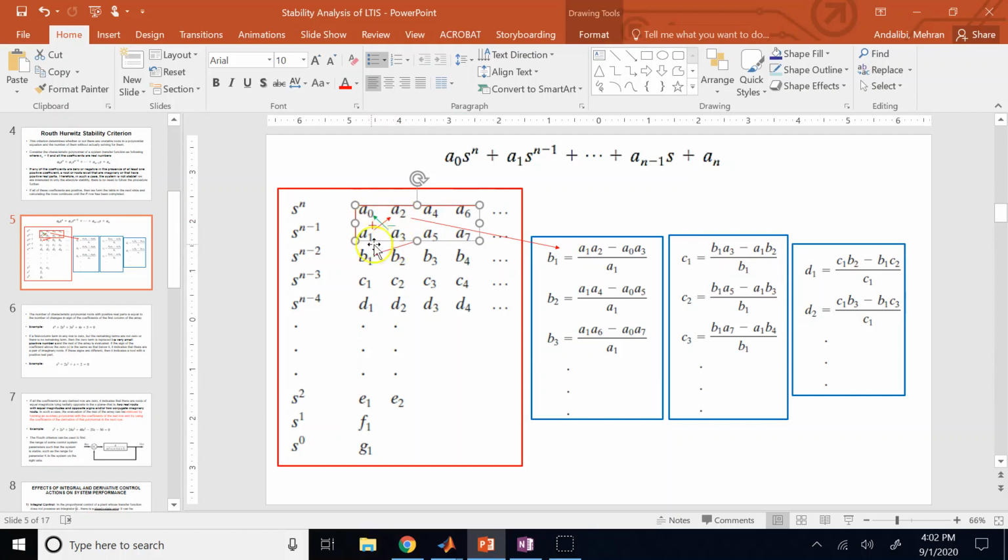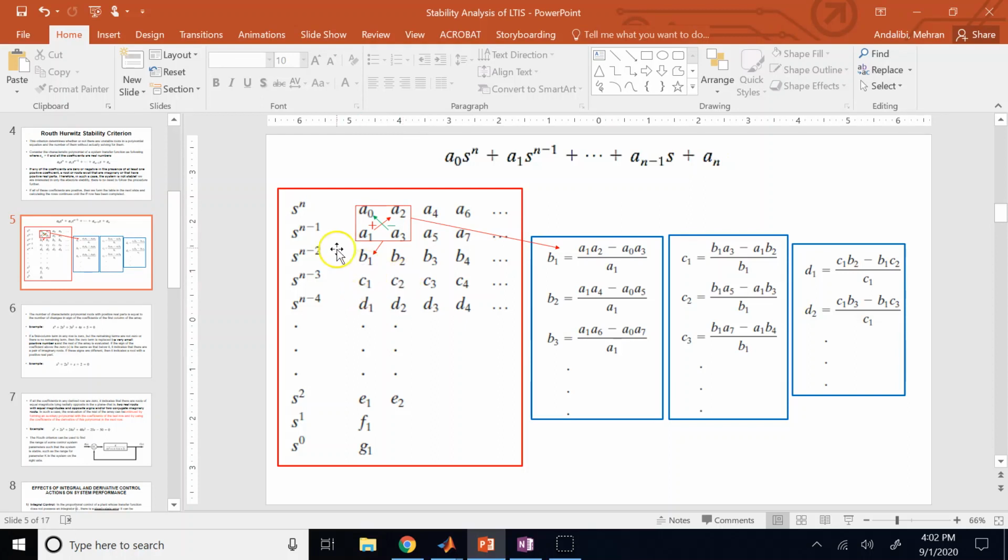So first and second for the first one, first and third for the second one, first and fourth for the third one, and so on. And you divide all of them by A1.